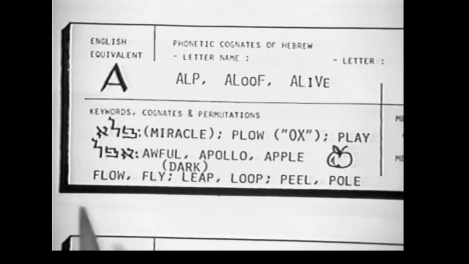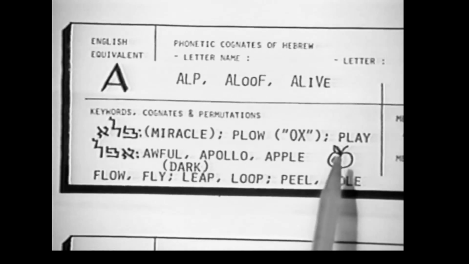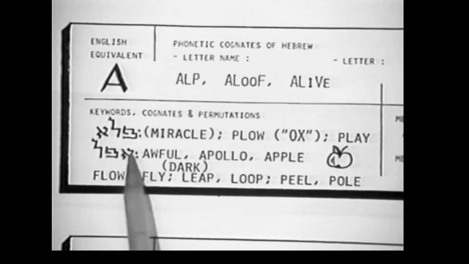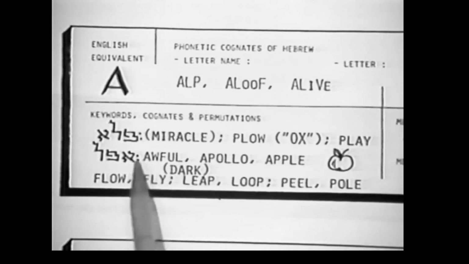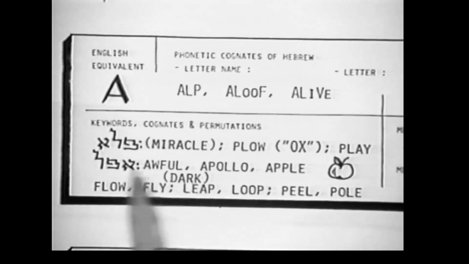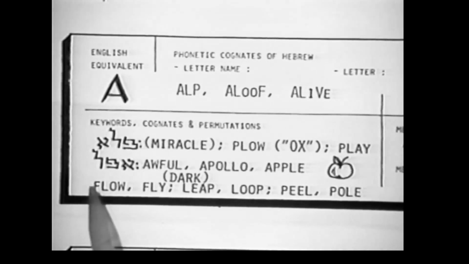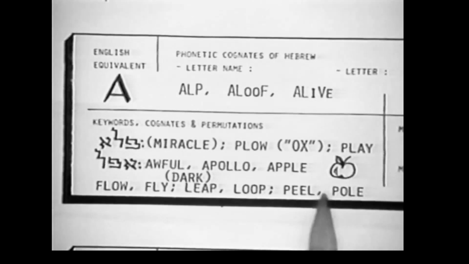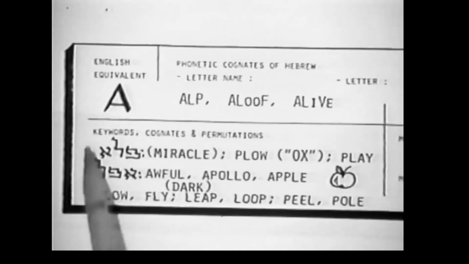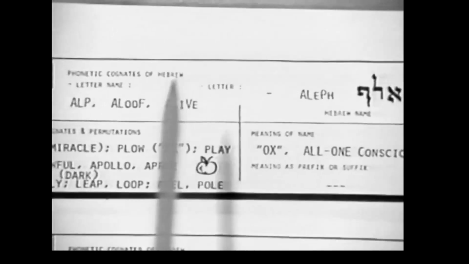And Apollo is supposed to be a geometric object related to this apple form also. Another meaning in Hebrew for A, P, and L, Aleph, Pe, and Lamed, is dark. And that's a sense of awful, the dark, the hidden. We could also permute it into cognates that have the meaning of flow or fly, leap or loop, the peel of the apple, the pole. All of these are connected in English cognates with the actual meaning of an Aleph in Hebrew.